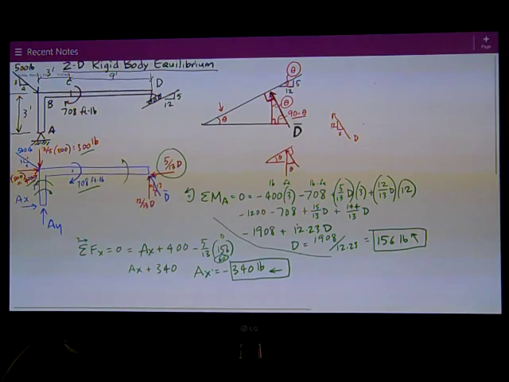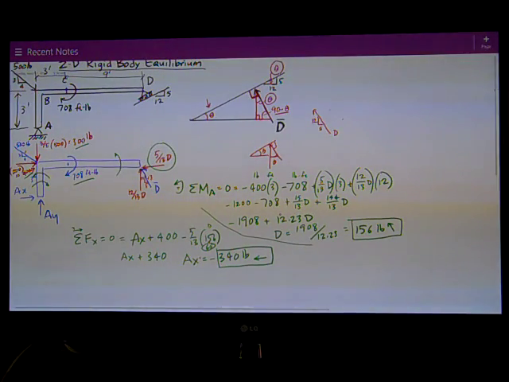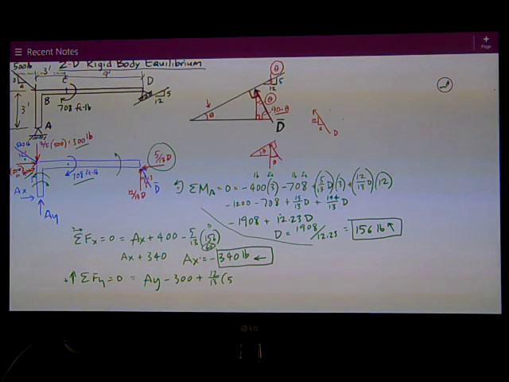And finally, I have sum of forces in the Y equals 0, positive is up. I have AY. I have the negative 300 pounds component of the 500-pound force at B. And I have acting up the 12/13 part of the force at D, which is 156.